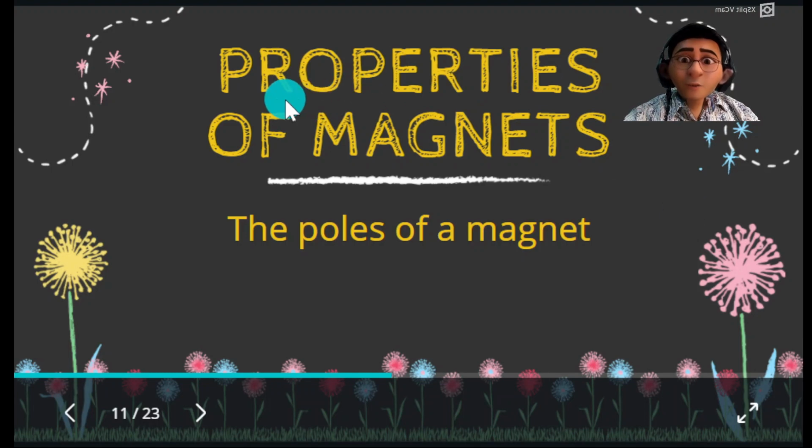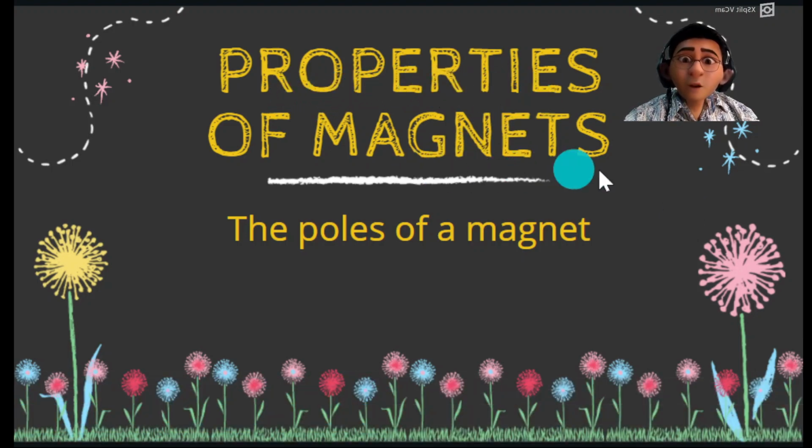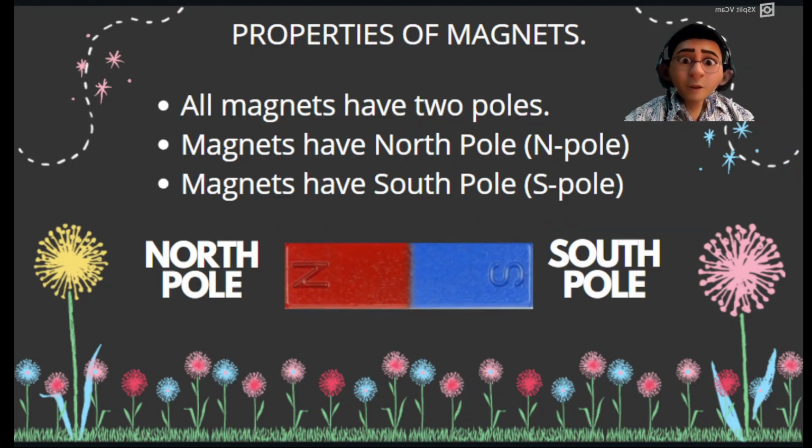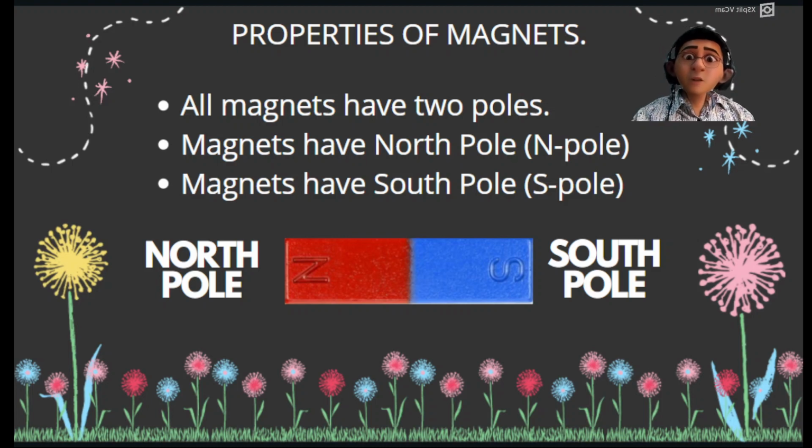So next we want to learn about properties of magnets, that is the poles of a magnet subtopic. Properties of magnets. All magnets have two poles.